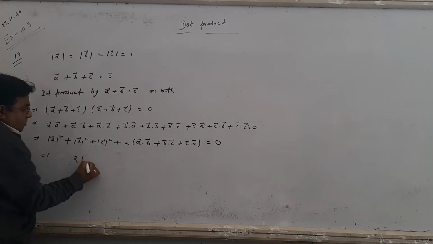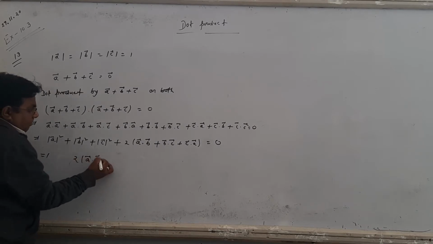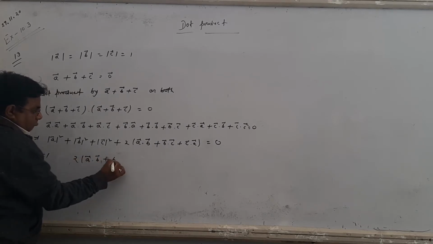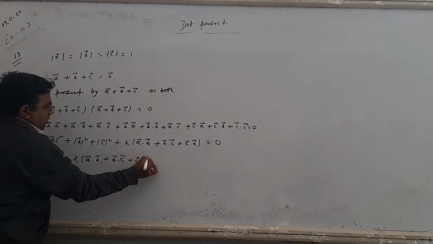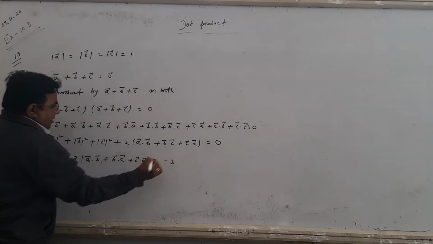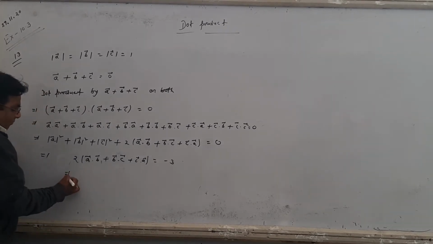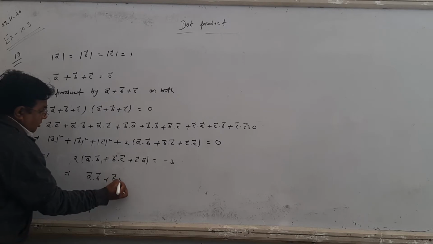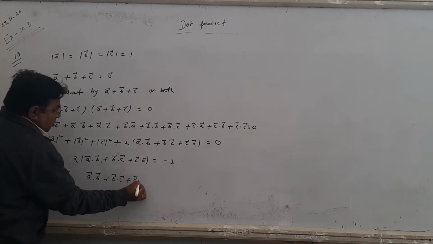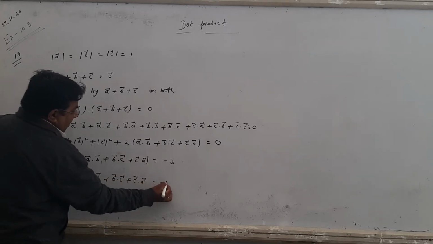So now twice of A dot B plus B dot C plus C dot A equals minus 3. Then the value of A dot B plus B dot C plus C dot A equals minus 3 by 2.